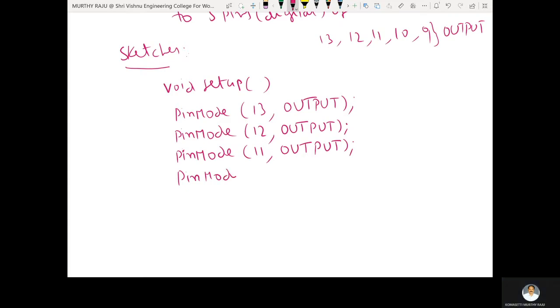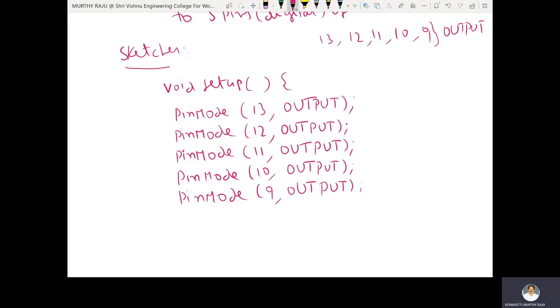Pin mode 10 output. Pin mode 9 output. These are the 5 pins. Here some bracket is there. Curly bracket, starting curly bracket and closing curly bracket are very important. Configure these 5 pins. These 5 pins act as output pins.